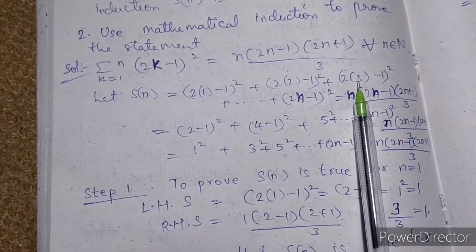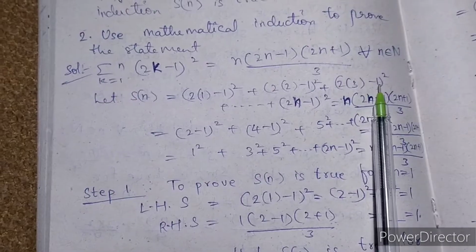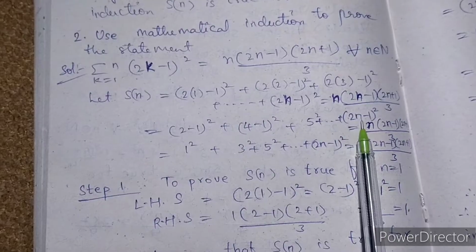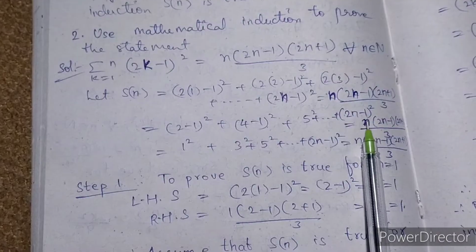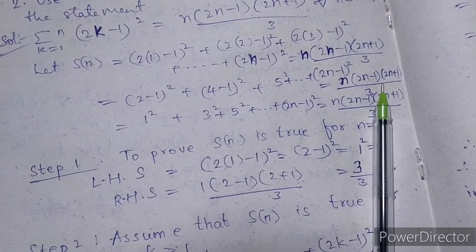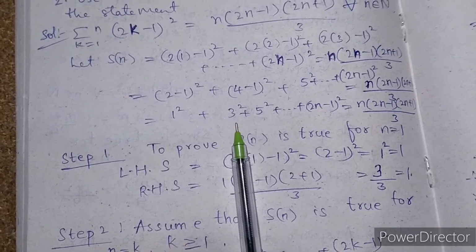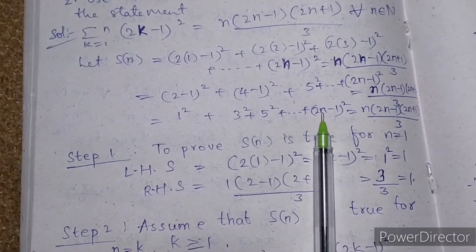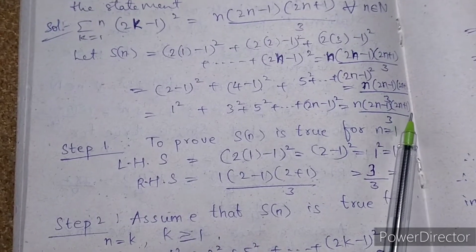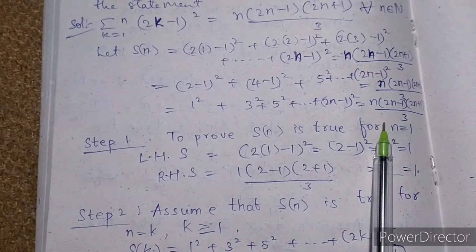In place of k you substitute 3, you get (2 into 3 minus 1) whole square, that is 5 square, plus so on. In place of k you substitute n, you get (2n minus 1) whole square, which is equal to n into 2n minus 1 into 2n plus 1 divided by 3. Now this is our statement, that is 1 square plus 3 square plus 5 square plus so on till (2n minus 1) whole square is equal to n into 2n minus 1 into 2n plus 1 divided by 3. Now you have to prove that it is true for n equals 1.